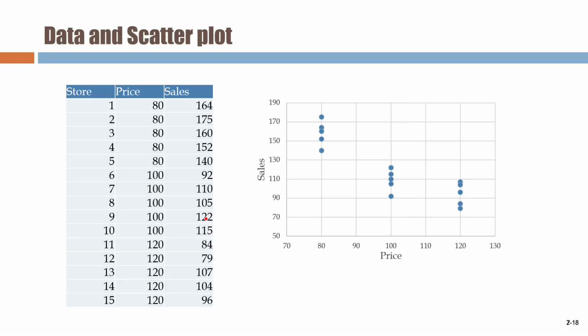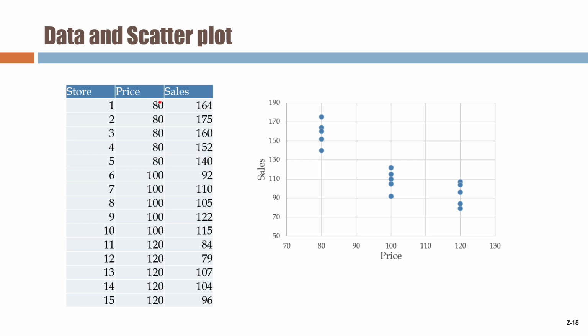So this is the data, store 1, 2, 3, 4, 5, up to 15. This number doesn't mean any quantity. It's just store number 1, store number 2, and so on. And the applied prices are $80, $100, and $120. I don't know if this is dollars exactly, but this is sales data.